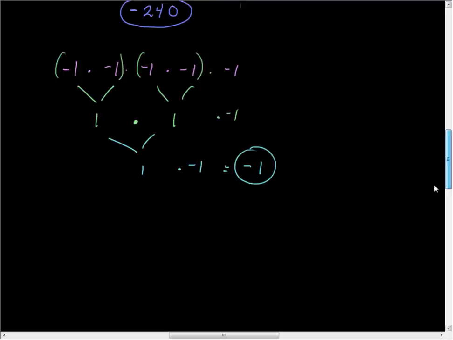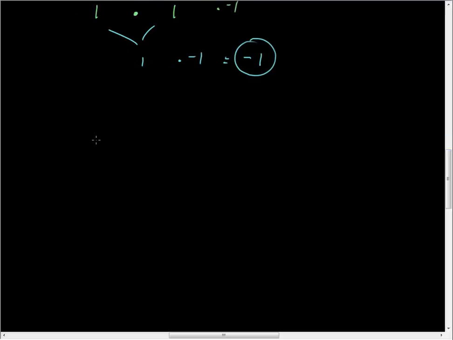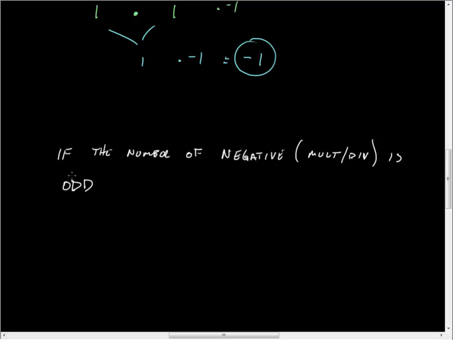So now that we've had this pattern going on, let me tell you this. If the number of negatives in a problem, and this is in a multiplication or division, negatives, multiply or divide, is odd, the answer is negative.